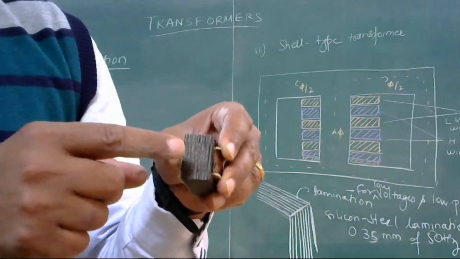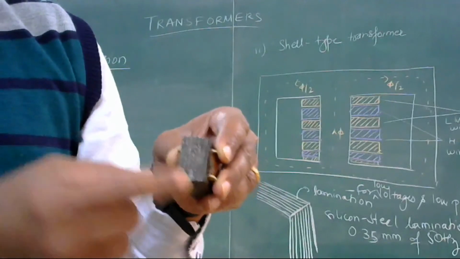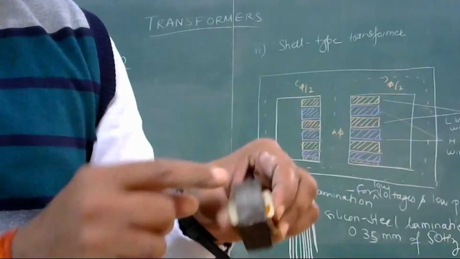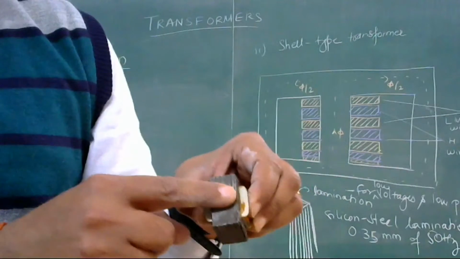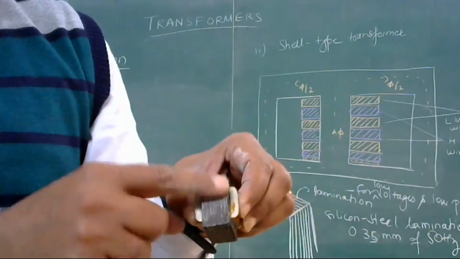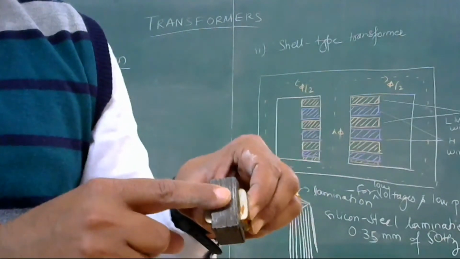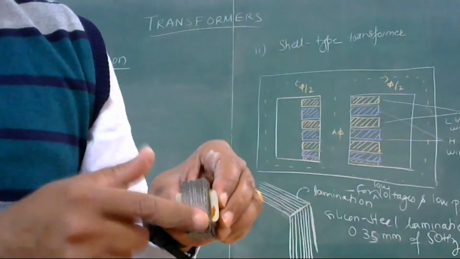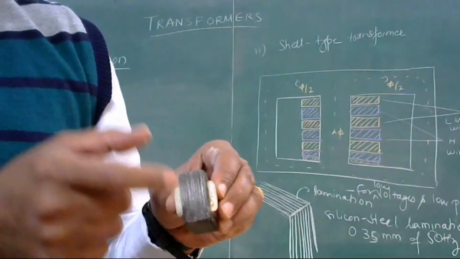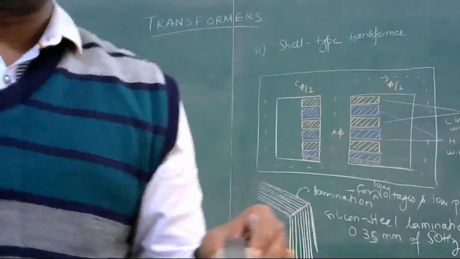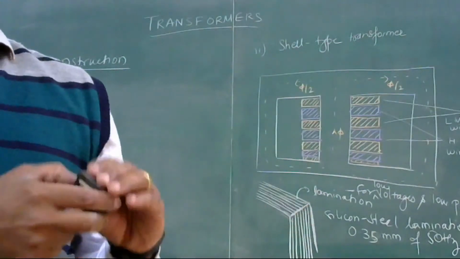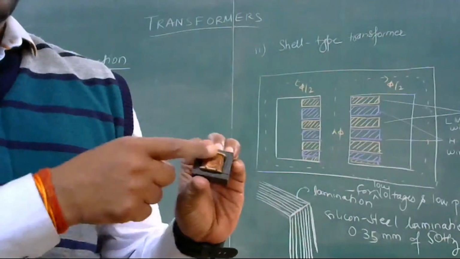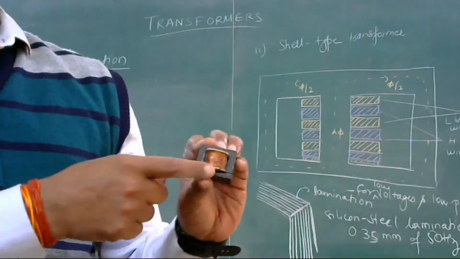Every time we use this type of laminated core in order to reduce the losses. So why do we use this laminated core? To reduce the losses. This is a shell type transformer.